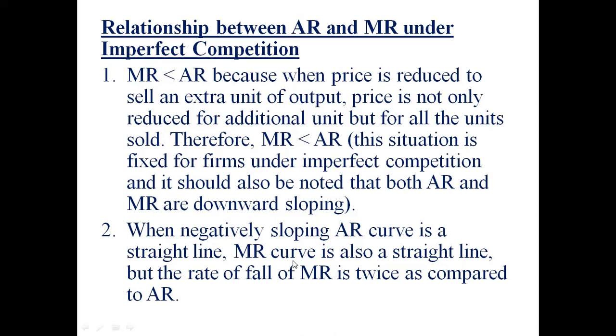So if AR is falling by 1, 2, 3, 4, then MR will fall by 2, 4, 6, 8. So the falling rate of MR is twice as compared to AR. If AR is falling by 10%, then MR will fall by 20%. If AR is falling by 30%, then MR will fall by 60%.